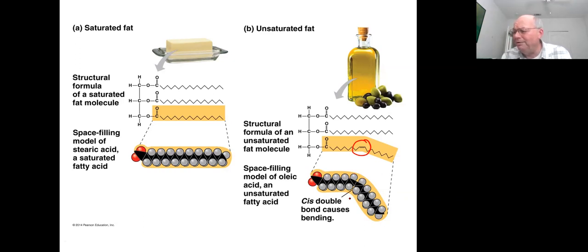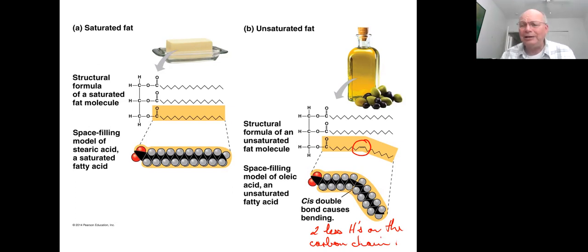But what I can tell you is there are 2 less hydrogens on the carbon chain, which is why we say that it is no longer saturated, it is unsaturated.